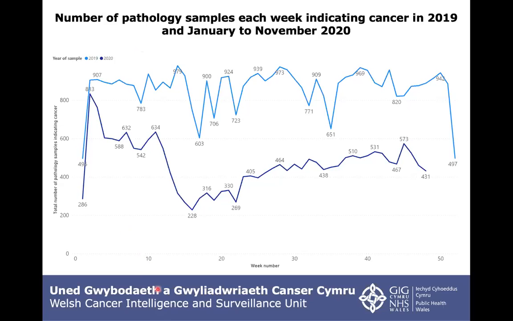And as you can see, this came down before the lockdown in March, improved a bit, didn't fully recover, and has come down since then towards the end of November. We're going to continue surveillance here because the data is available each month to us, and it is feeding into the cancer network, trying to see what's happening with services.